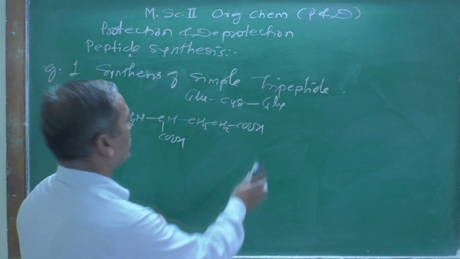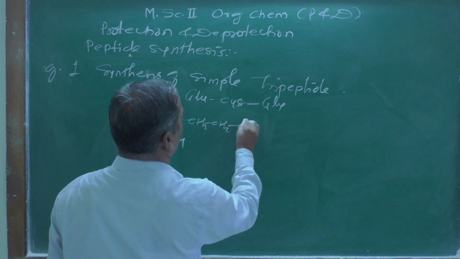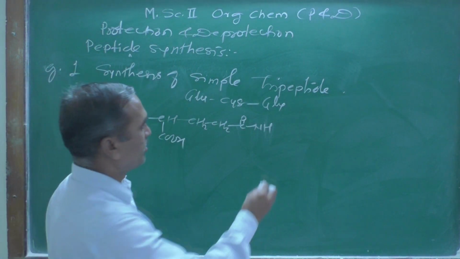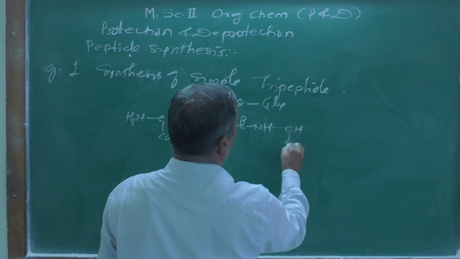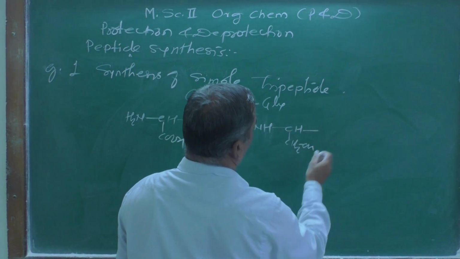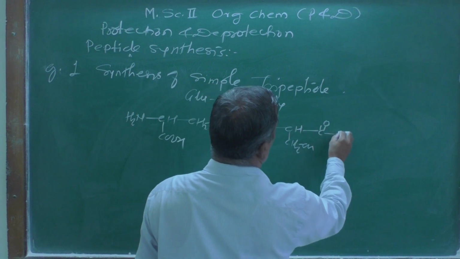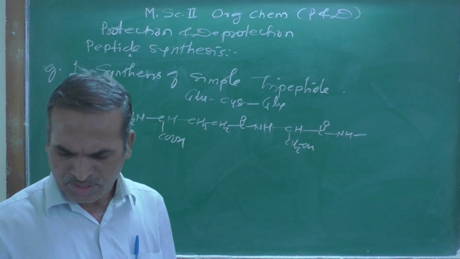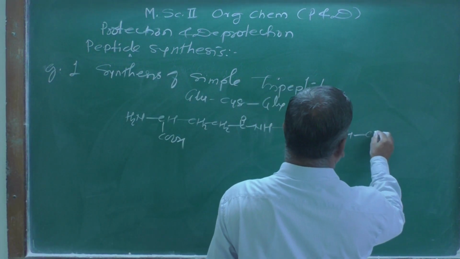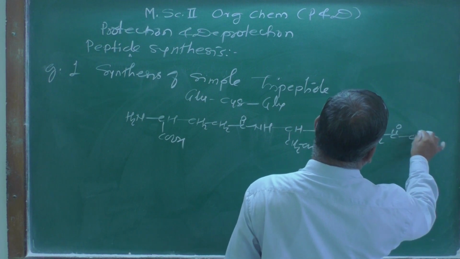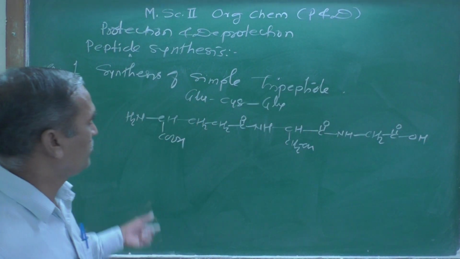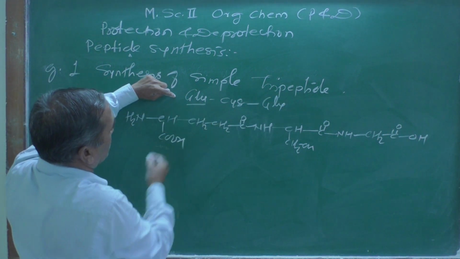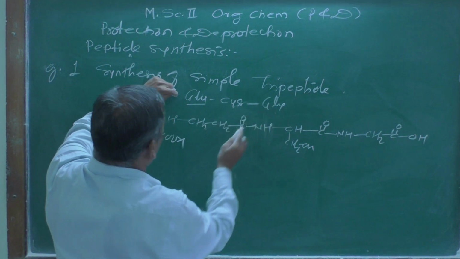Let me write here C double bond O NH. There is a peptide bond formation, then CH, then CH2OH, then C double bond O NH, then further CH2 C double bond O. Glycine means CH2 C double bond O OH. Look at this, what we can call the tripeptide. Tripeptide means here is a glutamic acid, then cysteine and glycine.